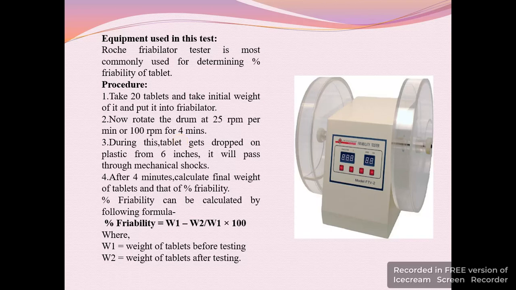During this, the tablets drop onto plastic from 6 inches and pass through mechanical shocks. After 4 minutes, you will calculate the final weight of the tablets, that is the percentage friability, which can be calculated by the following formula.